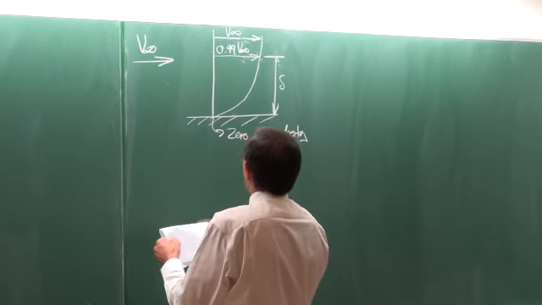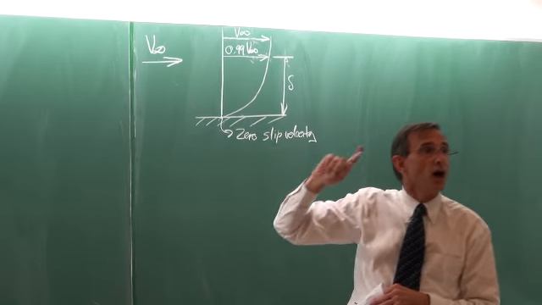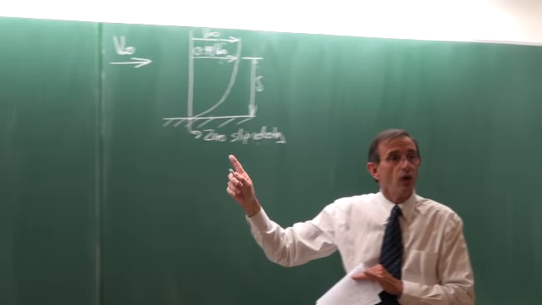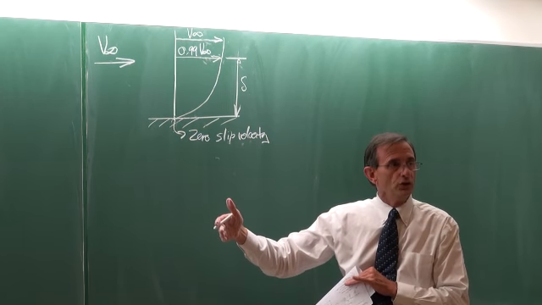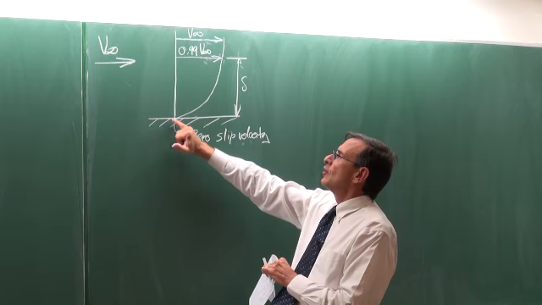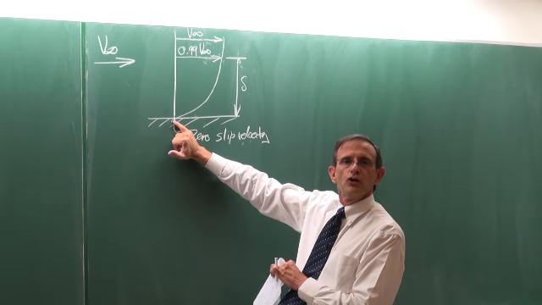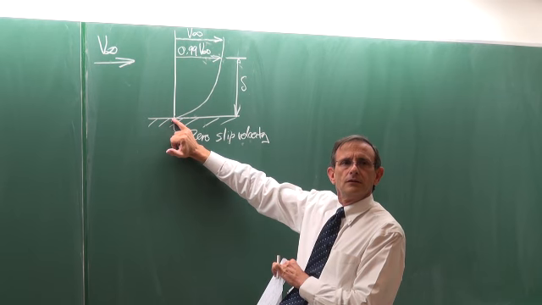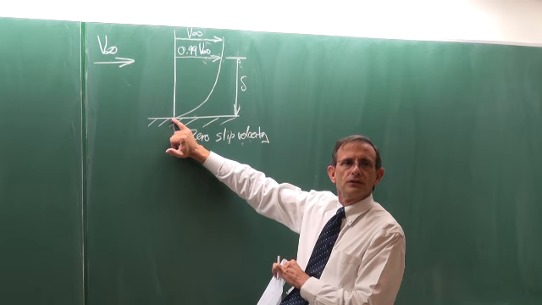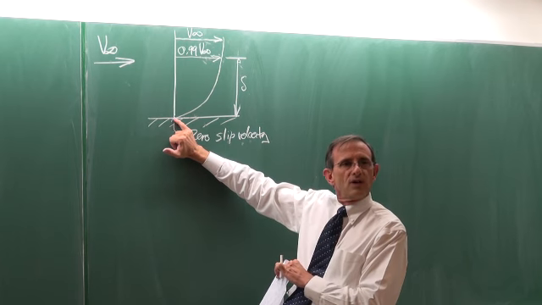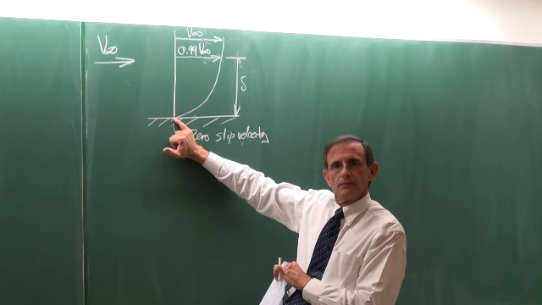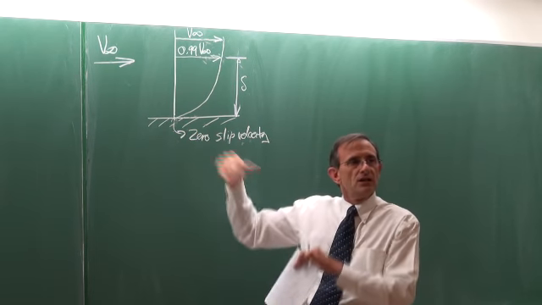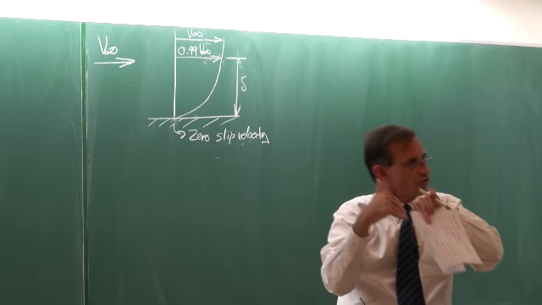Now, what is the implication of the no-slip velocity? That is quite important for us from a heat transfer point of view. Because if we now try to think of the heat transfer, what is the mechanism that occurs here, how is the heat being transferred? Because what we say now is that the velocity there is equal to 0. So it means that on the boundary, the heat transfer mechanism is by conduction.